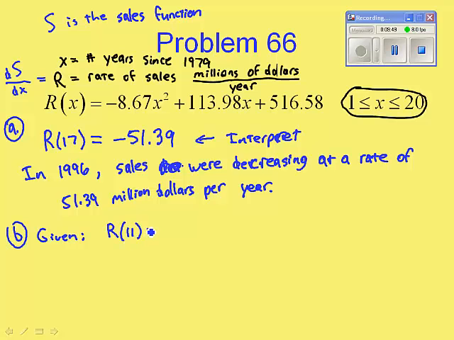So R of 11 is 8563, right? And then what we want to do is find S, the ticket sales function. This will be S of x.